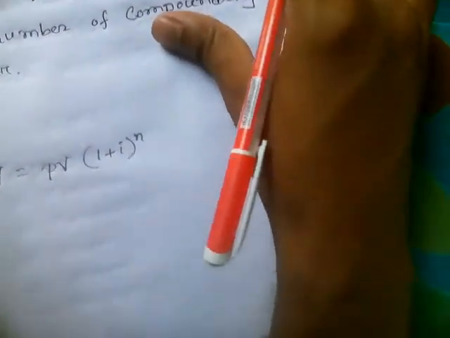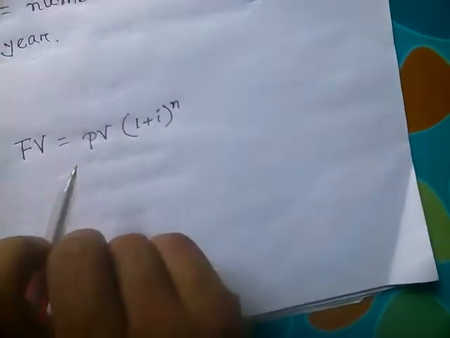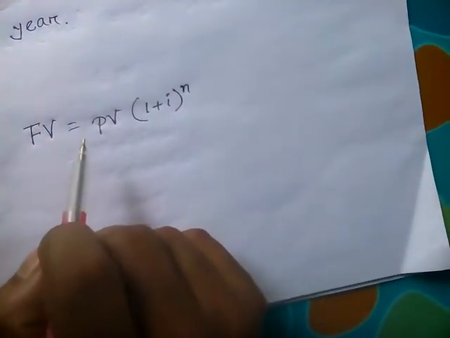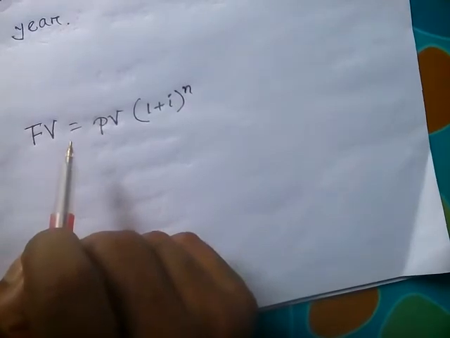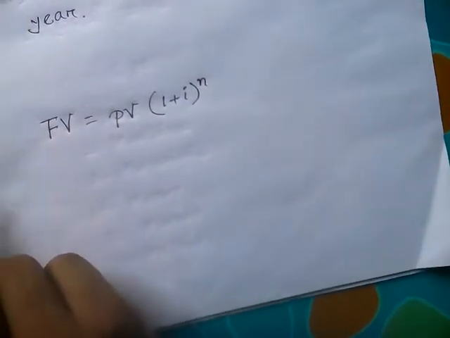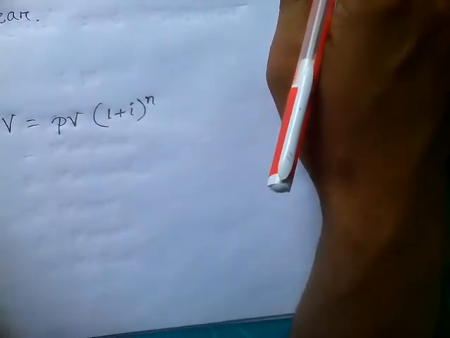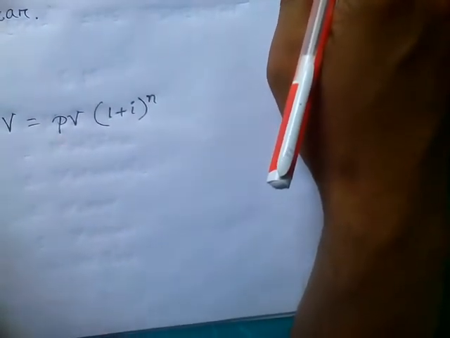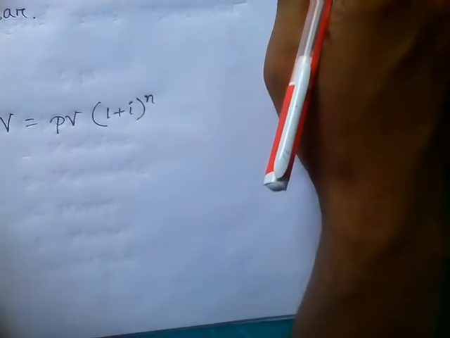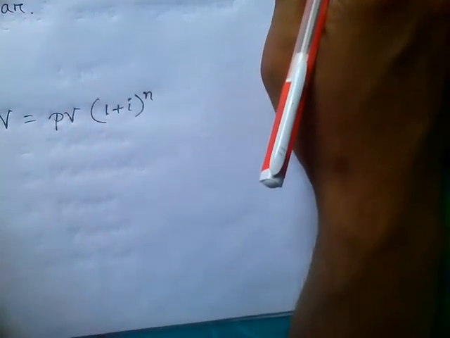Now if it is not yearly compounding, or if it is written more than one compounding in a year, suppose it may be 2 times, it may be 3 times, or it may be 4 times, or it may be 6 or 12 times in a year.